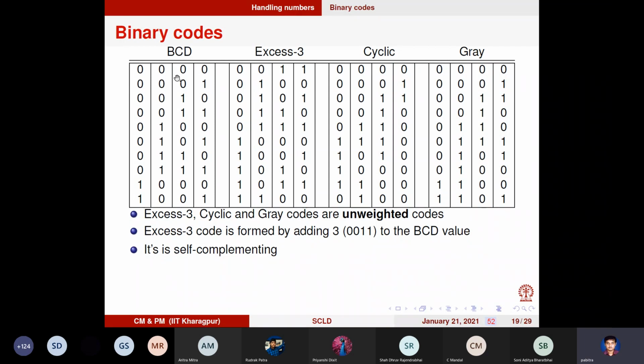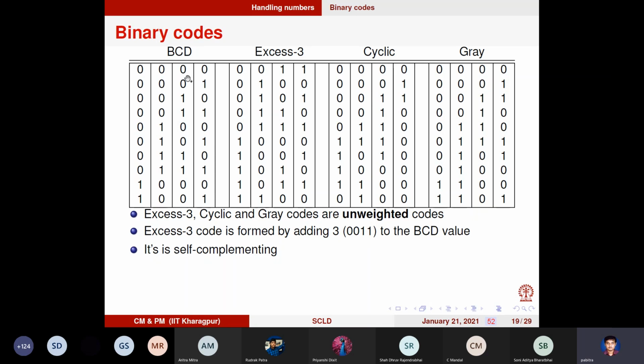So how do you get an XS3 code? Basically, you add binary 3 to the corresponding BCD 8421 code. So if 0000 is the representation of 0 in BCD, the XS3 representation would be 0011 and so on. You just add 0011 to it.